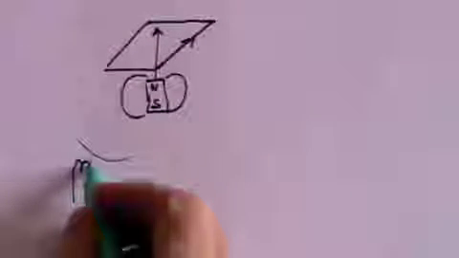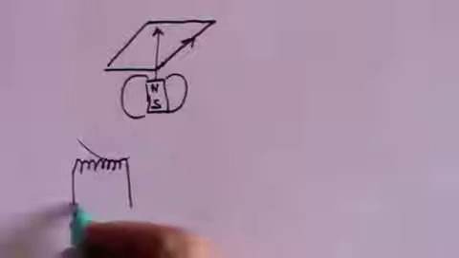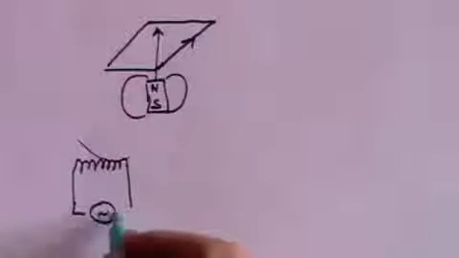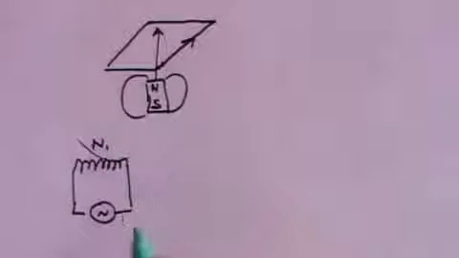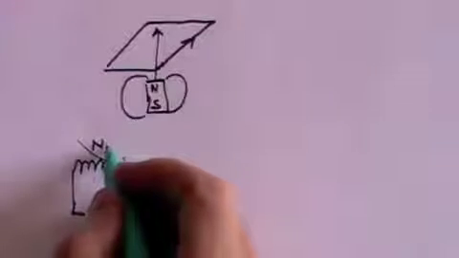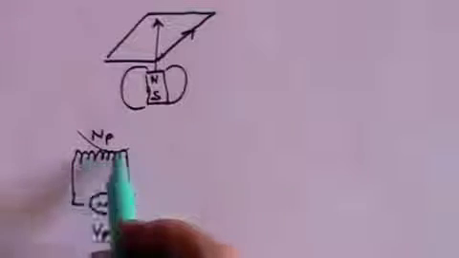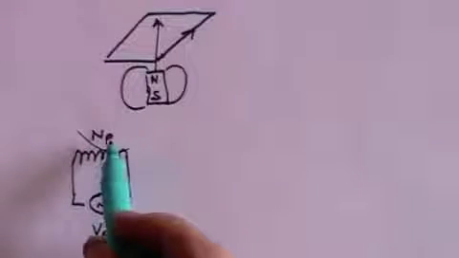Now, what we said with transformers was that if you take a coil with a certain number of turns, we'll call that Np turns and Vp volts. So the voltage supply is Vp, where P stands for primary, and the number of turns is Np in the primary.